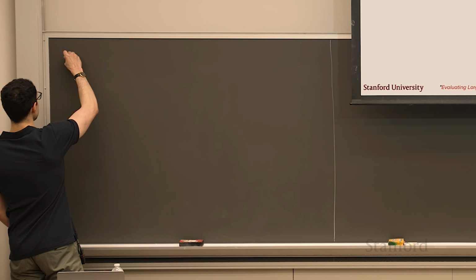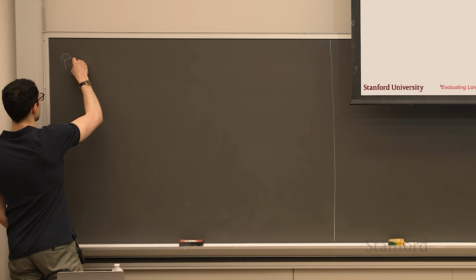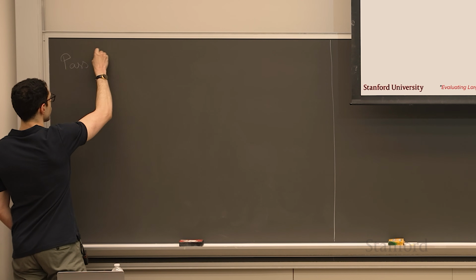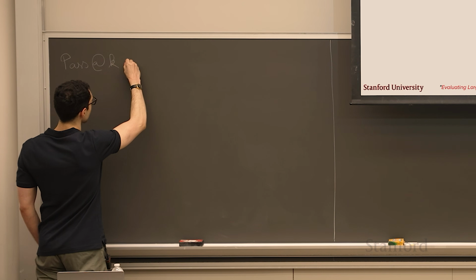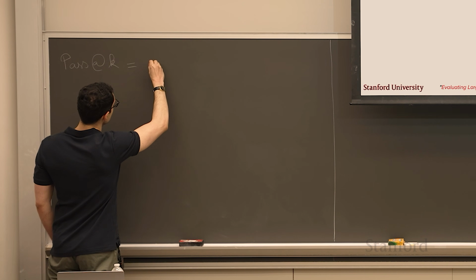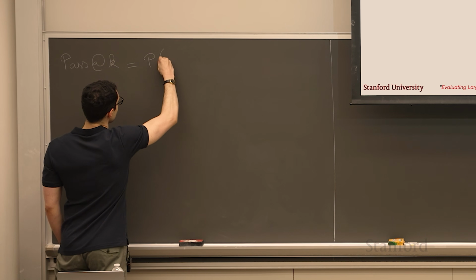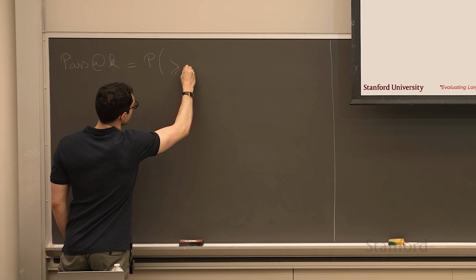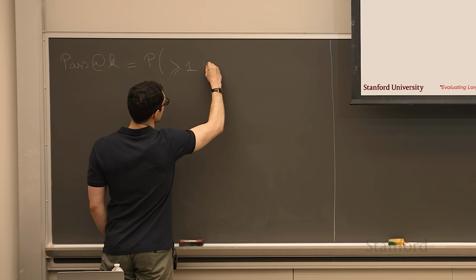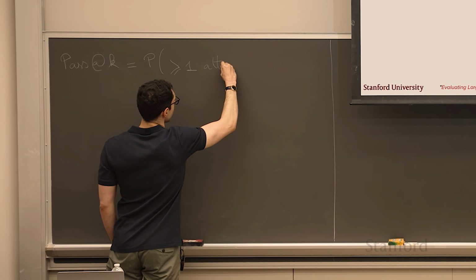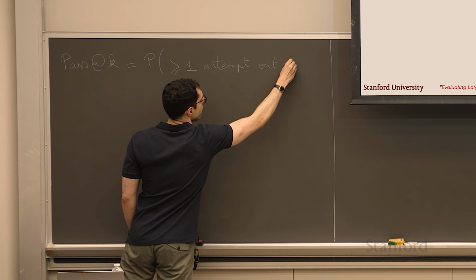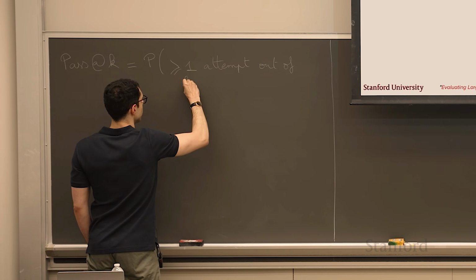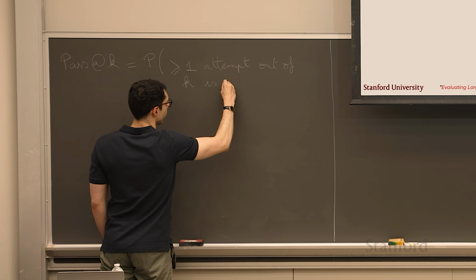So in order to do that, I'm just going to write that down. Pass at k. So we want the estimate for that. It's going to be the probability that at least 1 attempt out of k is correct.